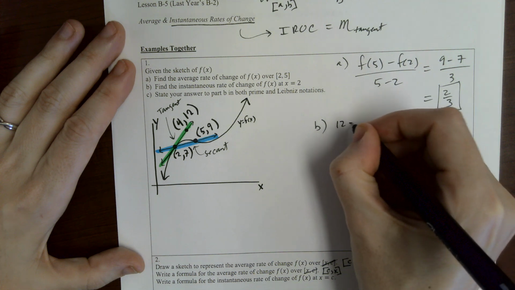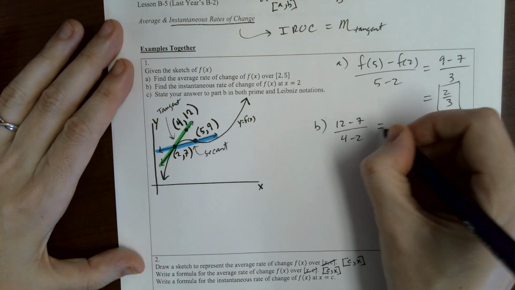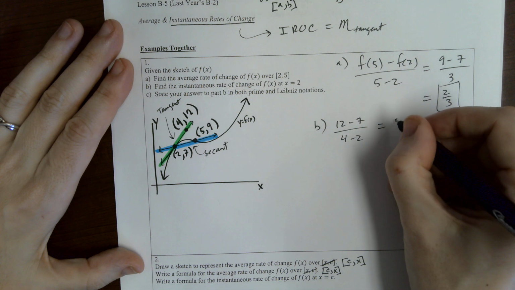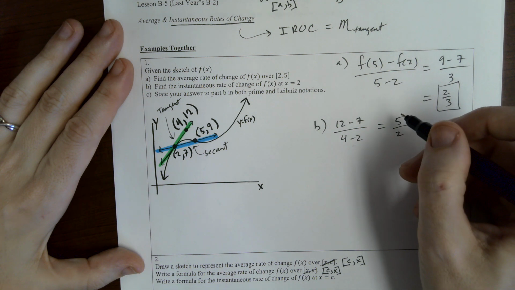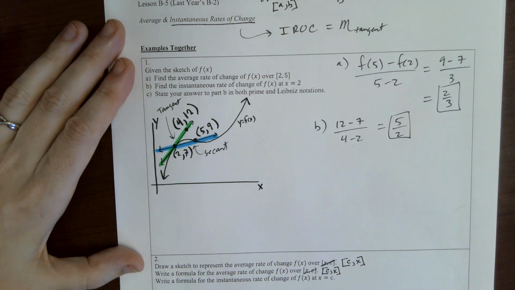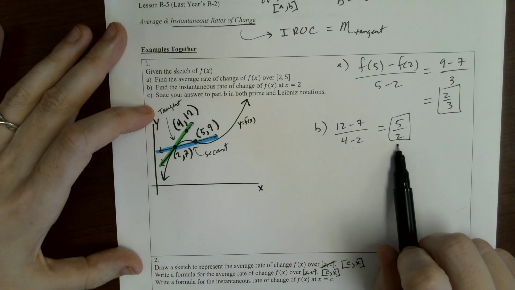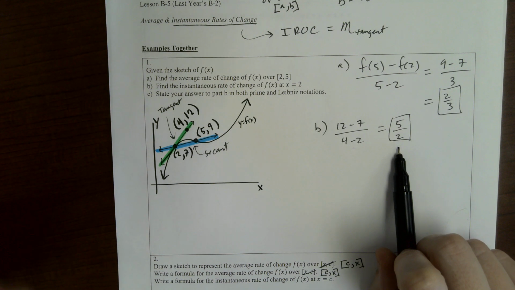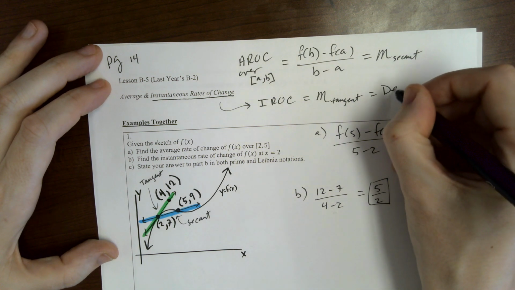So this is going to be 12 minus 7 over 4 minus 2. 12 minus 7 is 5, so 5 over 2. Now this thing here, which is the instantaneous rate of change, IROC, slope of the tangent line, another name for that is the derivative.